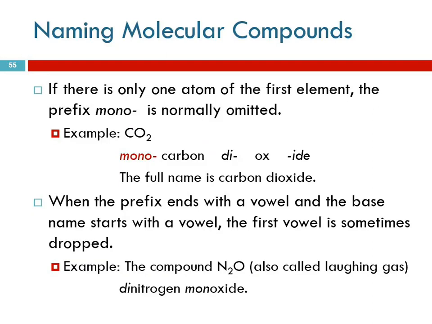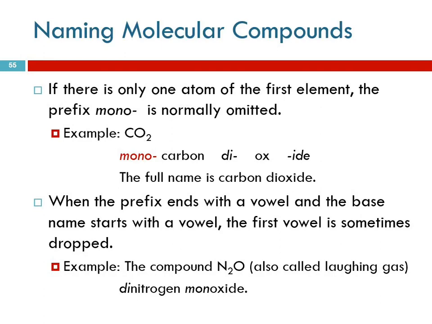Okay, so if there's one atom of the first element, we usually omit the prefix mono. And this goes along with the whole avoiding the number 1 business. So this compound, CO2, 2 nonmetals, carbon and oxygen. So there's no ions in here. We can't use the ion charges to figure out how many.